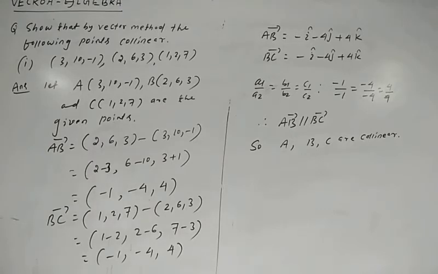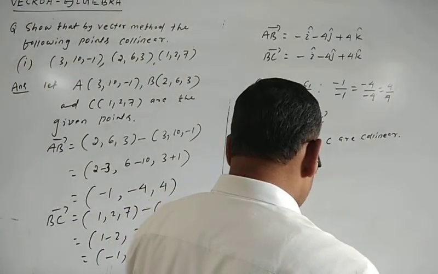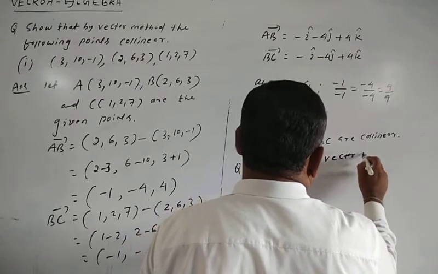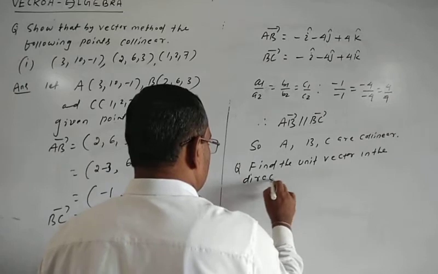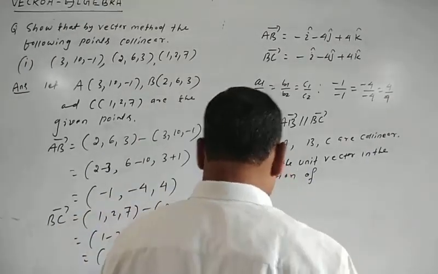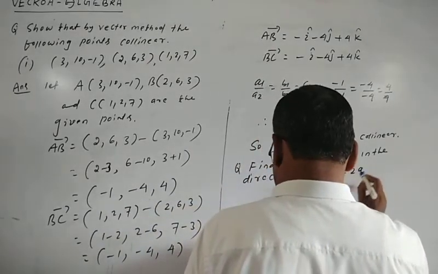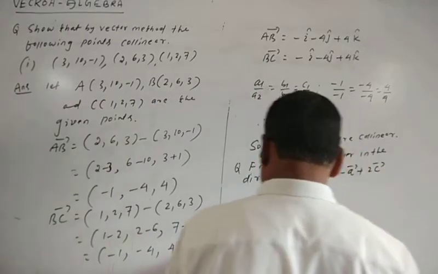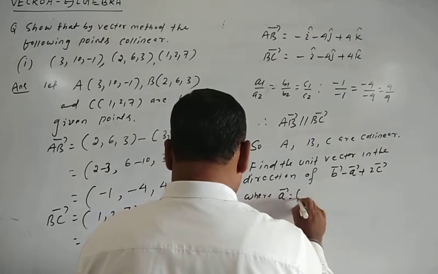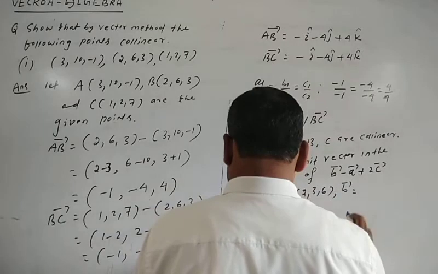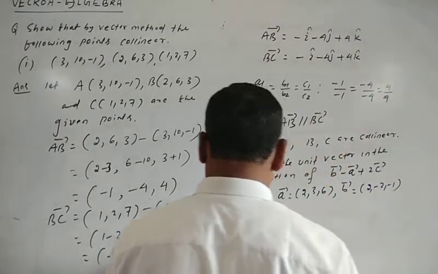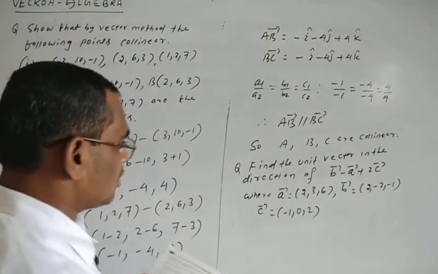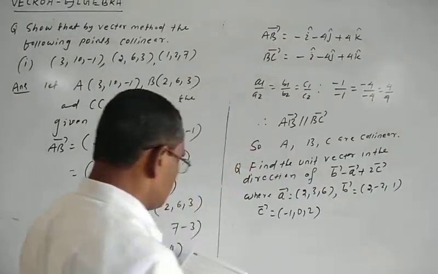Okay, next, another question. Find the unit vector in the direction of b vector minus a vector plus 2c vector, where a vector is equal to (2, 3, 6), b vector equals (2, -2, 1), and c vector is equal to (-1, 0, 2).